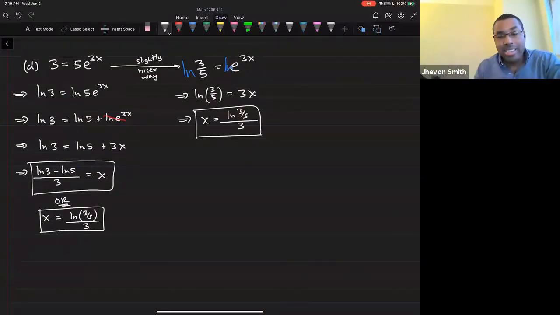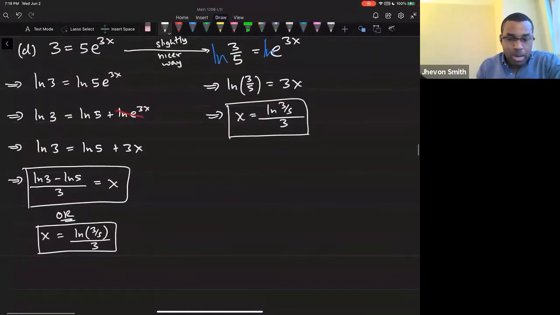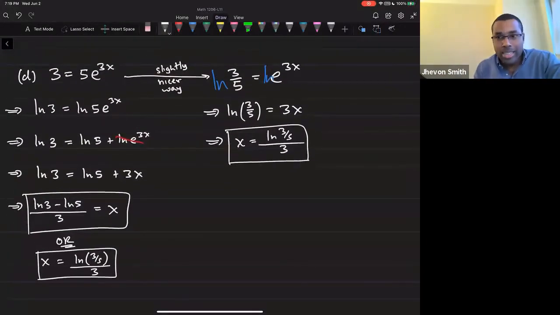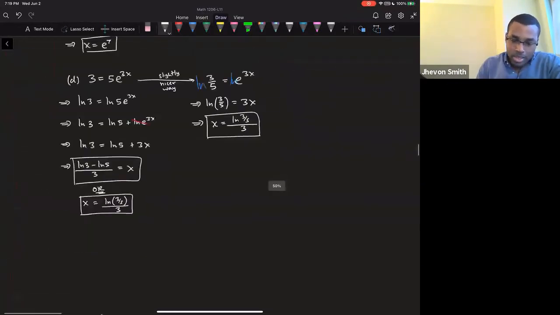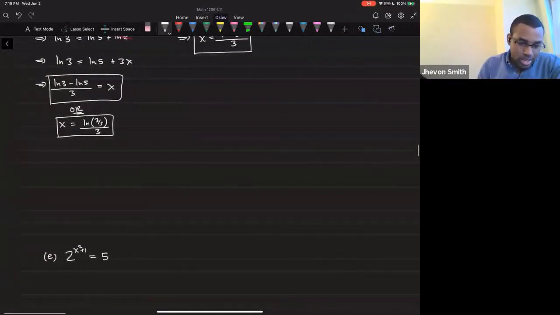So I think this is a slightly nicer way, even though they're both correct. And it does take up less space, which is also nice. If you have two methods and one tends to get the problem done quicker, I would probably want to do the quicker way because the longer you're writing, the more opportunity there is for a mistake to happen. So it's just like a strategic thing.